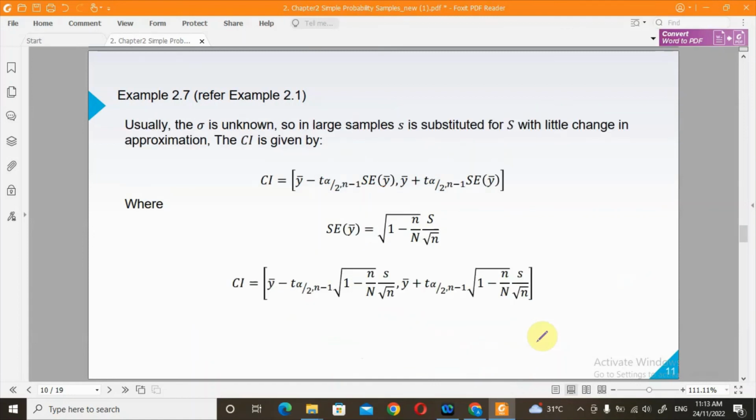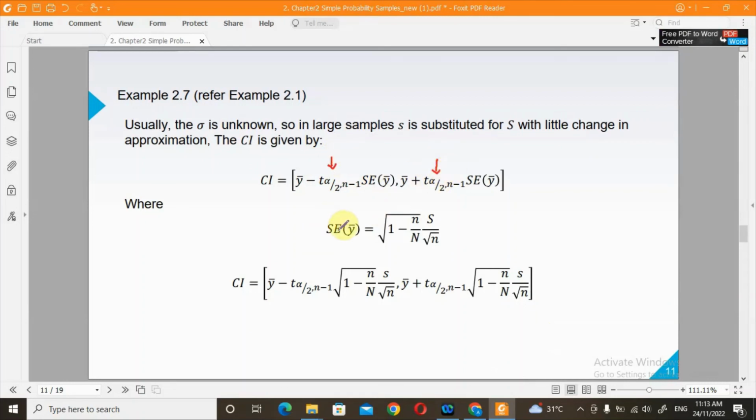And let's say you have an unknown variance or unknown standard deviation. In this case you have to use the t alpha over 2.